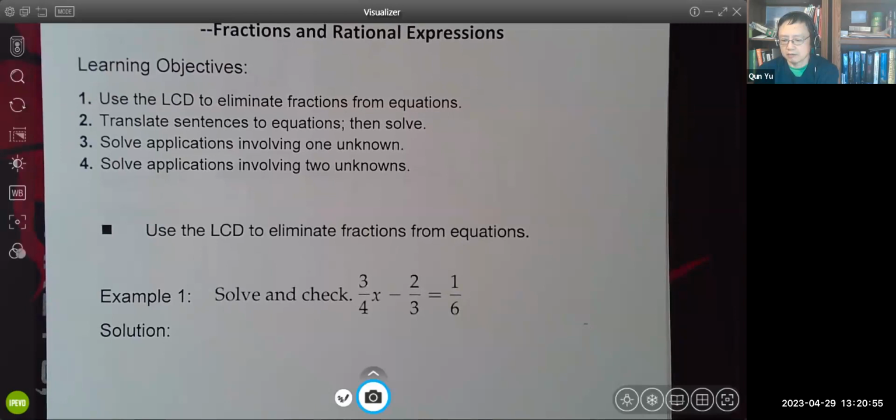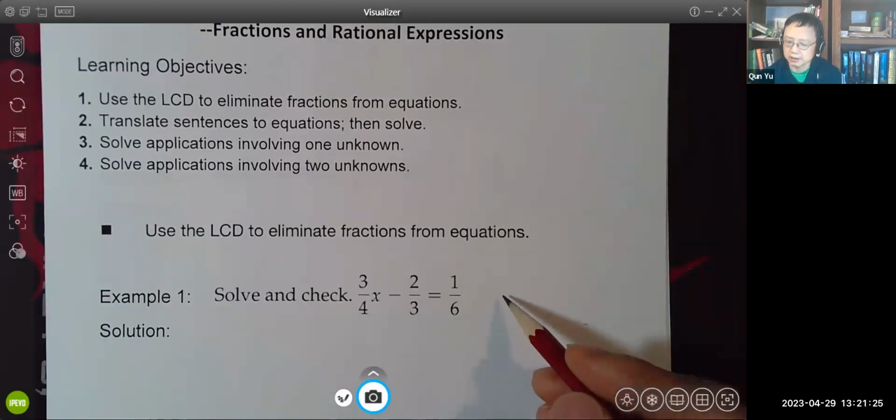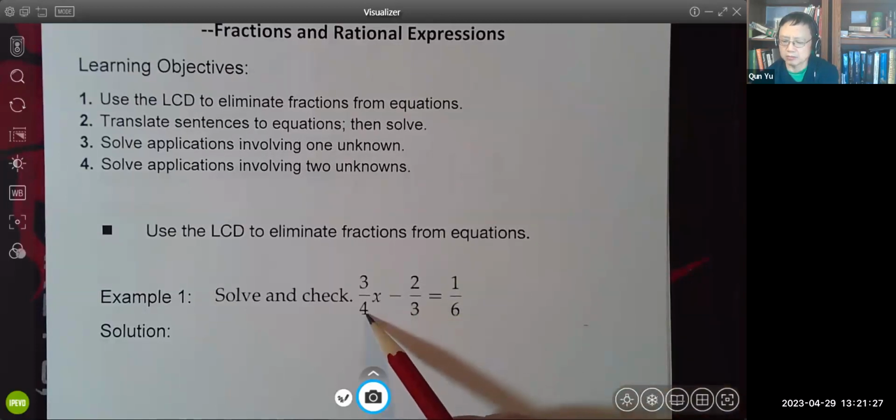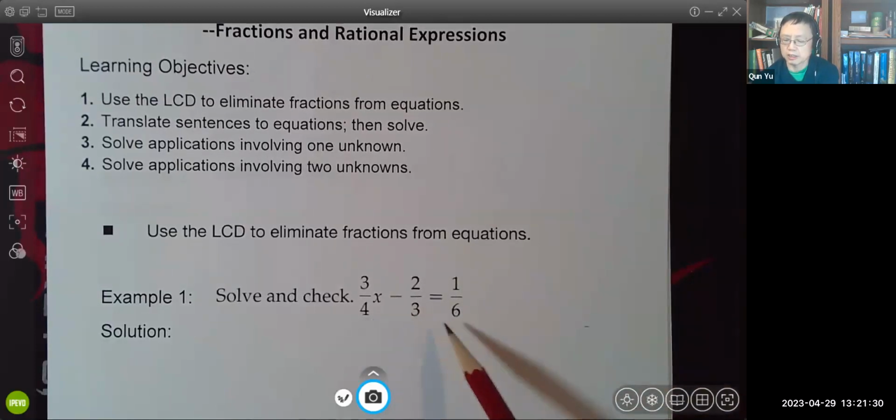Whenever you have a fraction equation, you want to get rid of those denominators as early as you can, so that you can just solve another whole number equation, right? So the way to do that is that we multiply each term on both sides of the equation by the LCD, least common denominator. So what is the least common denominator among the 3 numbers, 4, 3, and 6?